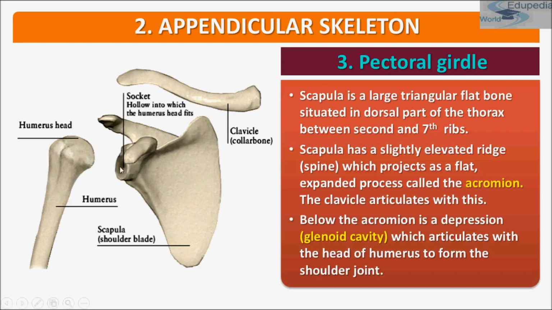This is your acromion, and below the acromion is a depression, which we call the glenoid cavity. Through this, the humerus, the bone of a forelimb, that is your hand, articulates with the head of the humerus to form the shoulder joint. So this is how the pectoral girdle forms.